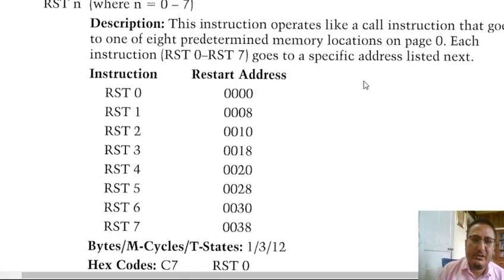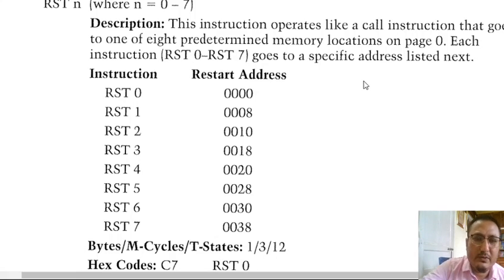So the associated address for RST0 is 0000. For RST1, it is 0008. Likewise, RST2 is 10, then 18, 20, 28, 30, 38. How do we achieve the restart address? By multiplying the RST number with 8.